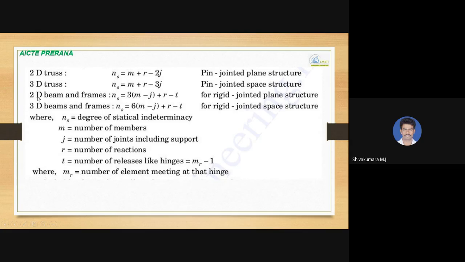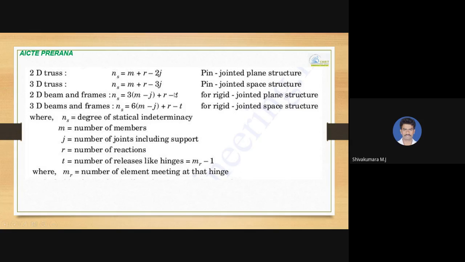And for 2D beams and frames, the degree of static indeterminacy is 3m plus r minus 3j minus t. If you multiply 3 with m and 3 with j, you get 3m plus r minus 3j minus t. Here t is the number of releases, like the number of internal hinges.